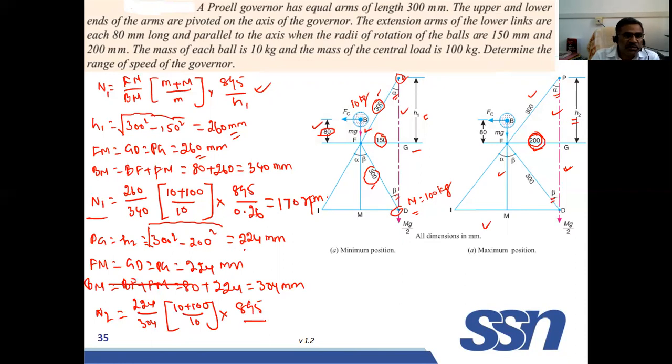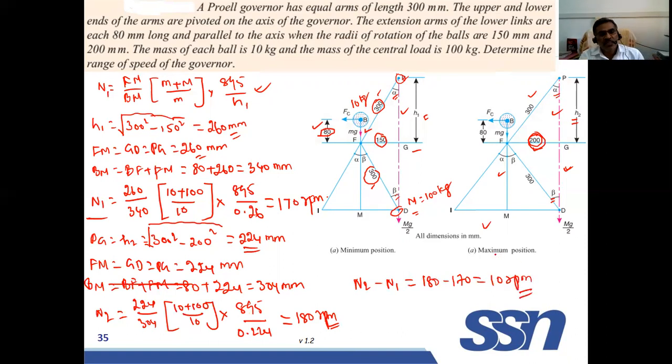What is the value of H2? 224, but you substitute in meter, 0.224. It will give N2. N2 is equal to 180 RPM. So the range of speed is N2 minus N1, which is 180 minus 170, equal to 10 RPM.